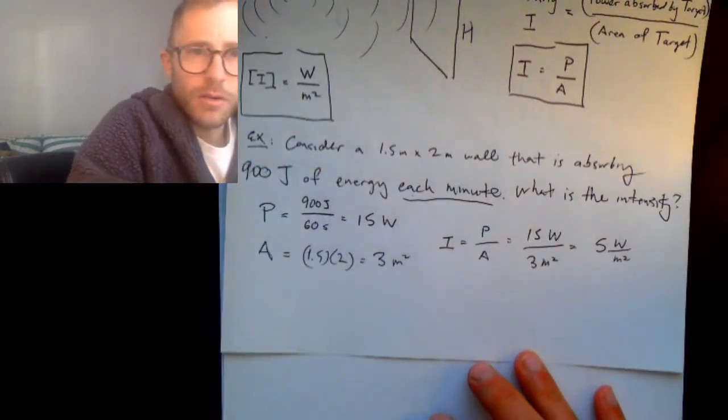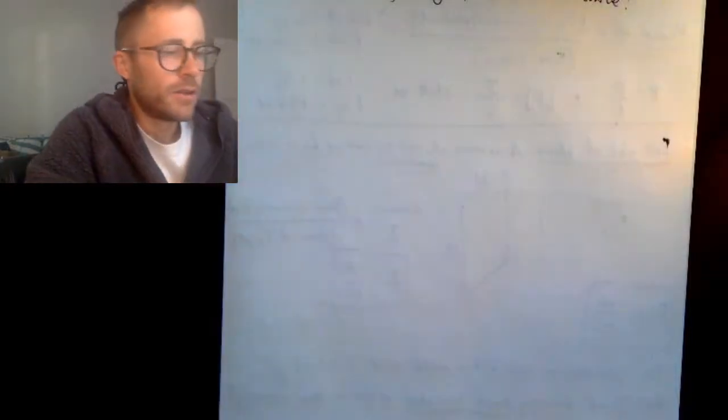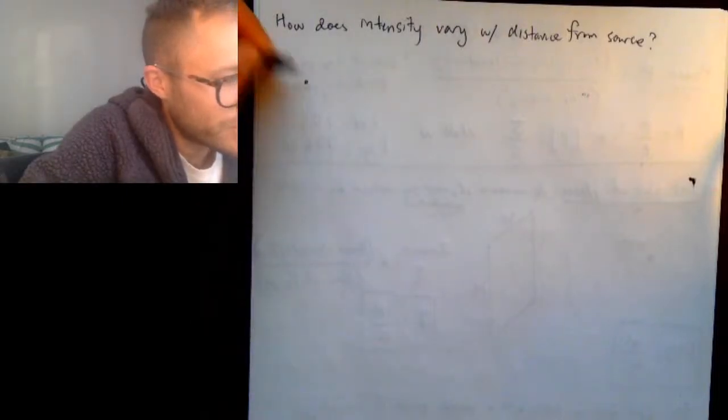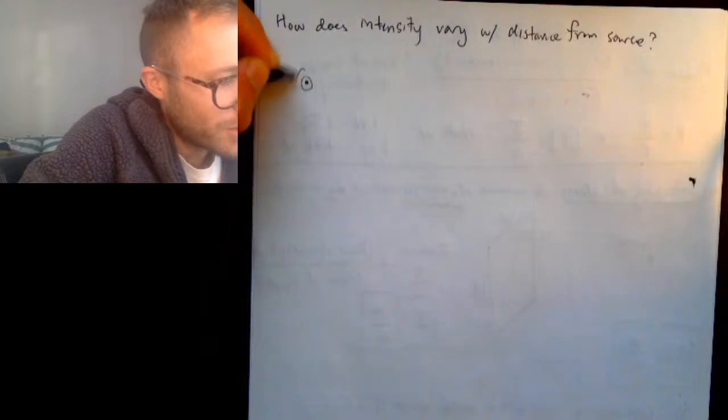All right, so now that we know what intensity is, I want to talk about how intensity varies with distance from the source of the wave. Okay, so you have some source, and the source is emitting waves in all directions.